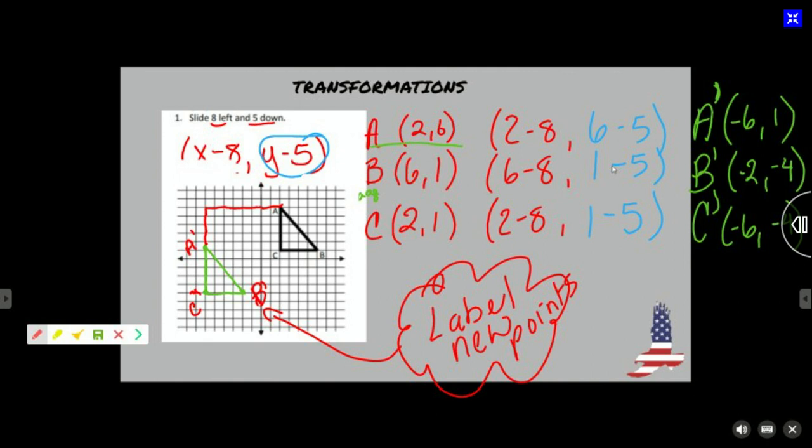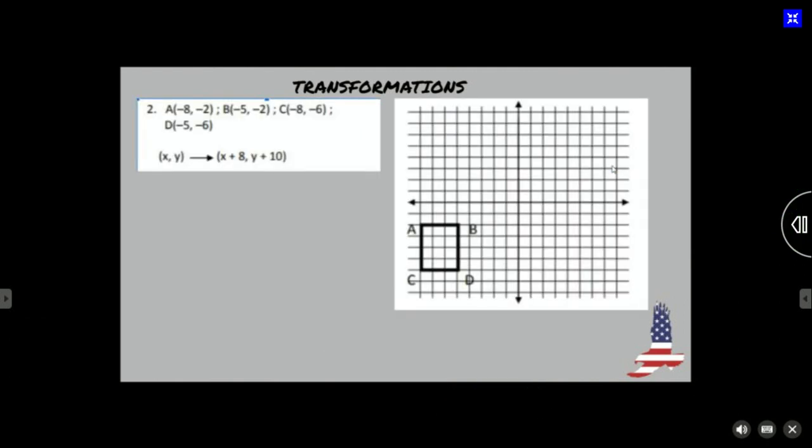All right. Let's try our next problem. They wrote the rule for you. So I've got A is -8. A prime is going to be -8 plus 8.